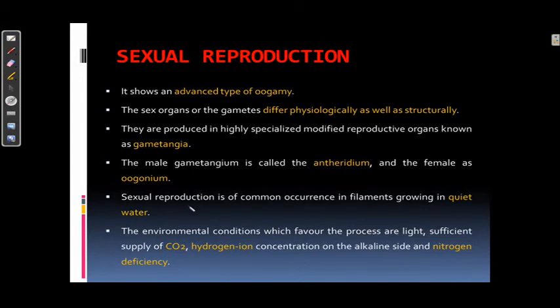Sexual reproduction occurs in those filaments that grow in white water, and the environmental conditions that favor this process are presence of light, sufficient supply of carbon dioxide, alkaline condition, and nitrogen deficiency in the surrounding water.